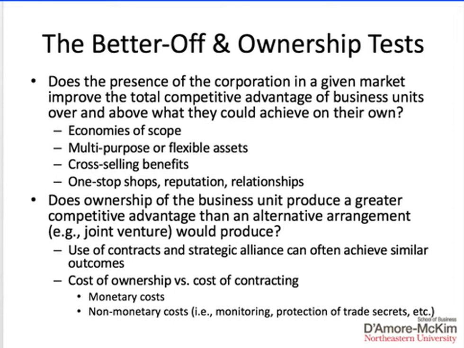And if the cost of contracting is lower, we don't actually own the business unit that we're diversifying into. We diversify into an industry rather through a contract or through an alliance. However, if the cost of ownership is lower than the cost of contracting, then we should diversify and we should own those resources and own that division in the new industry.